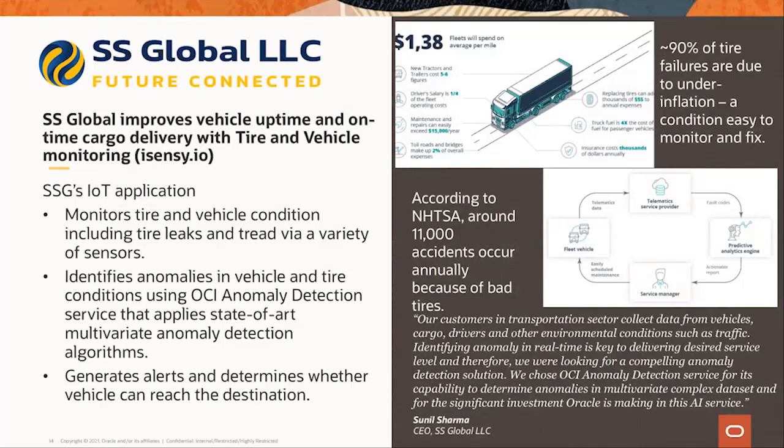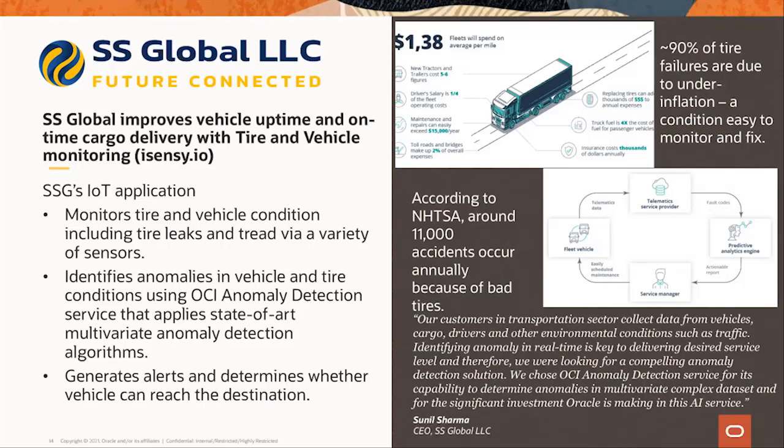All of this information is collected to identify whether there are any tire-related issues they have to pay attention to. That real-time data is fed to their IoT application, and anomaly detection is applied within iSensey.io to create incidents and business workflows with a certain level of severity for the technician or the driver to pay attention to.